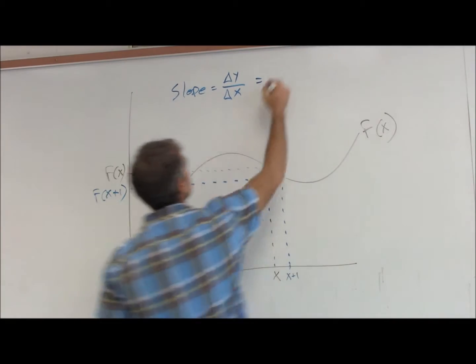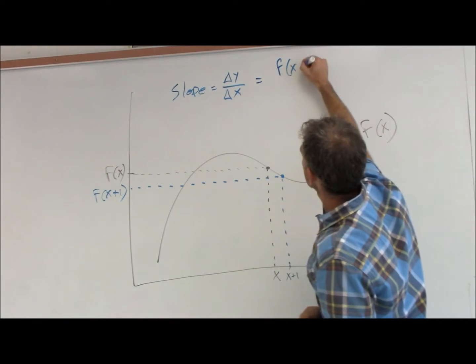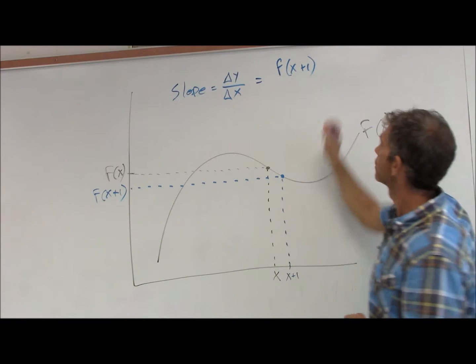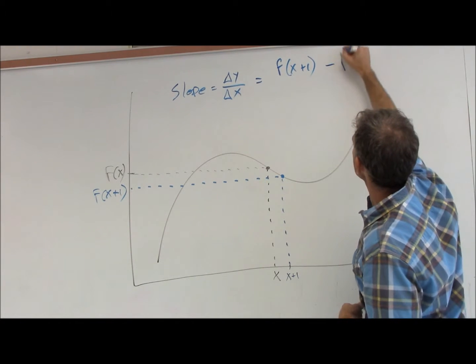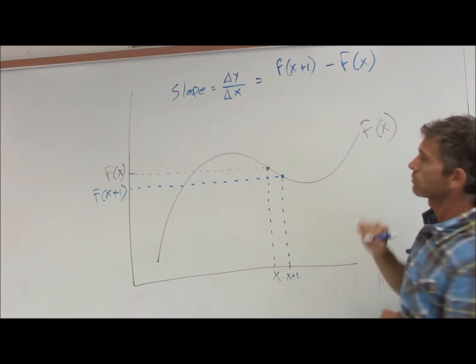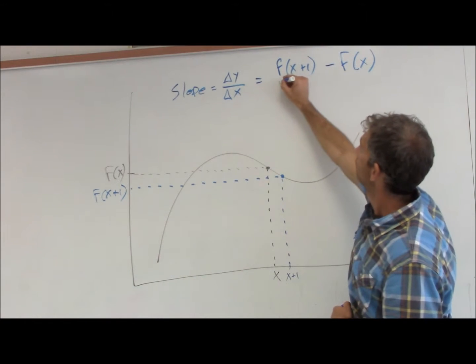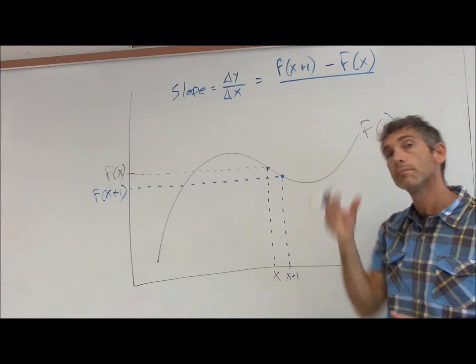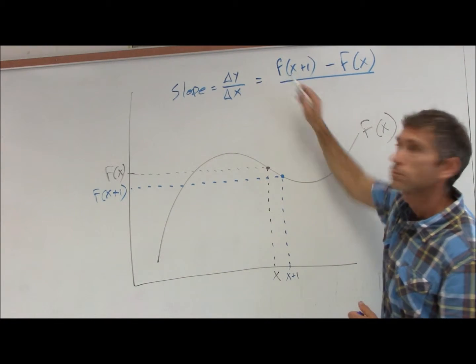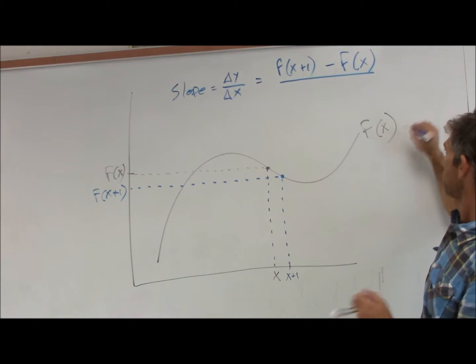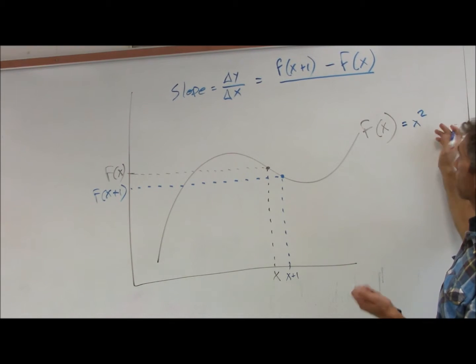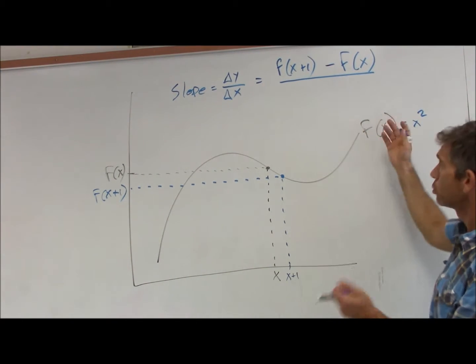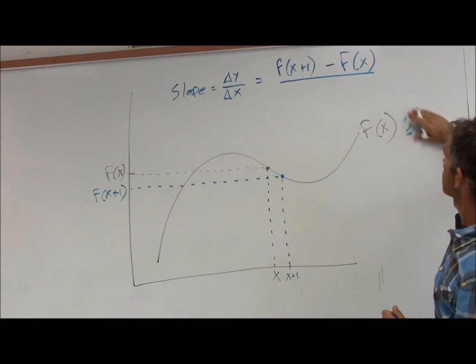So we have whatever the function value is at that x value minus the function value at our original. So you're saying function values, those are your outputs. Yes. When I plug x plus 1 into the function, I'm getting out f of x plus 1. If for some reason this was f of x squared, then we're just squaring that. If it's cubed, whatever the function's defined as. Exactly.